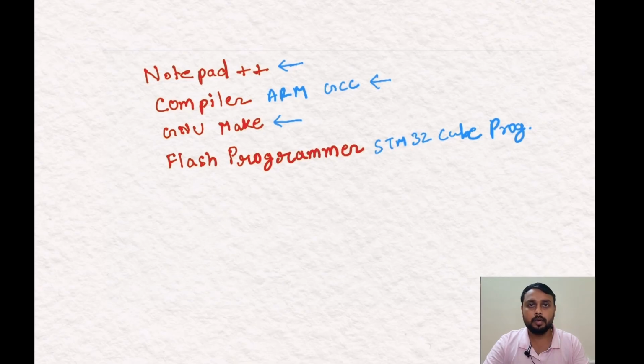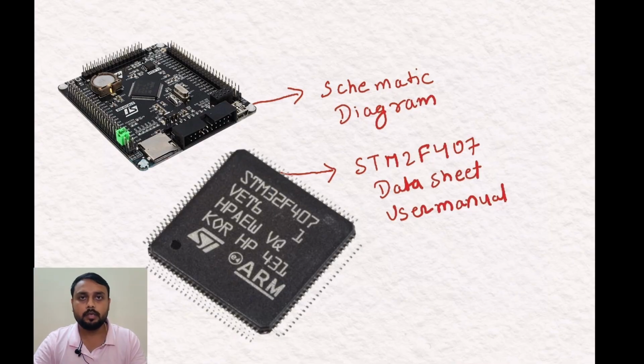I have already given the links for this software. Along with the software, I have given the links for their user manuals also. In case you want to know something extra about whatever we discuss here, note that we are going to discuss only basic level things, not very advanced concepts or advanced syntax. We are using the STM32F407 black board, so we need to know certain details about that board.